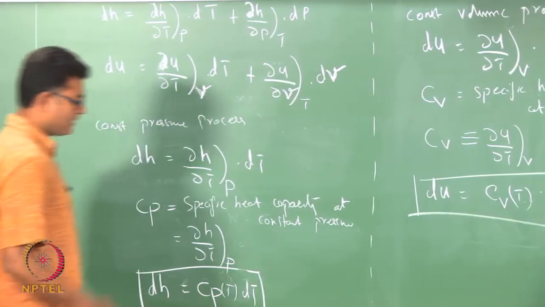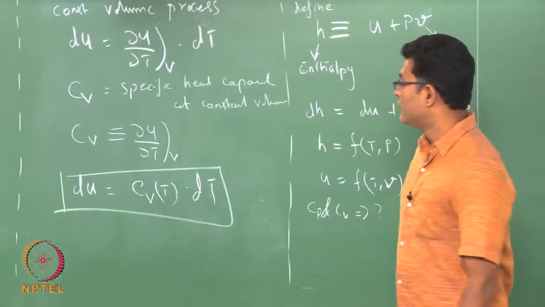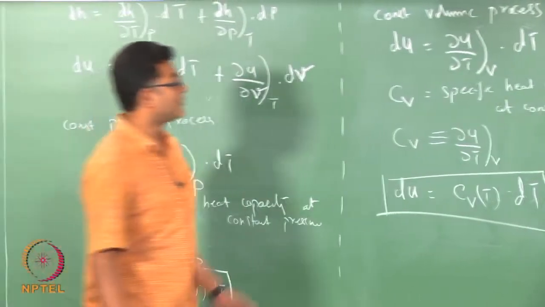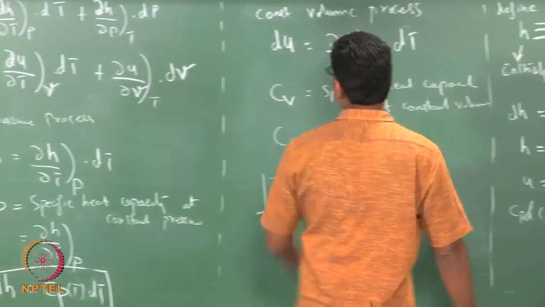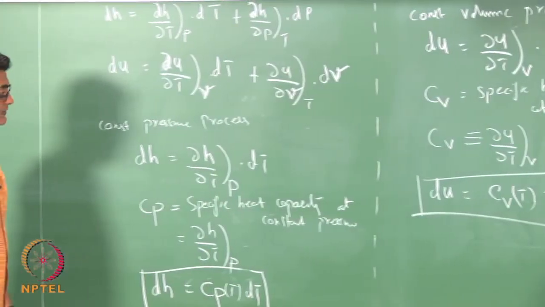So, for chemically inert gases, your specific heats are functions of just temperature. They are not going to be functions of other quantities. Okay.